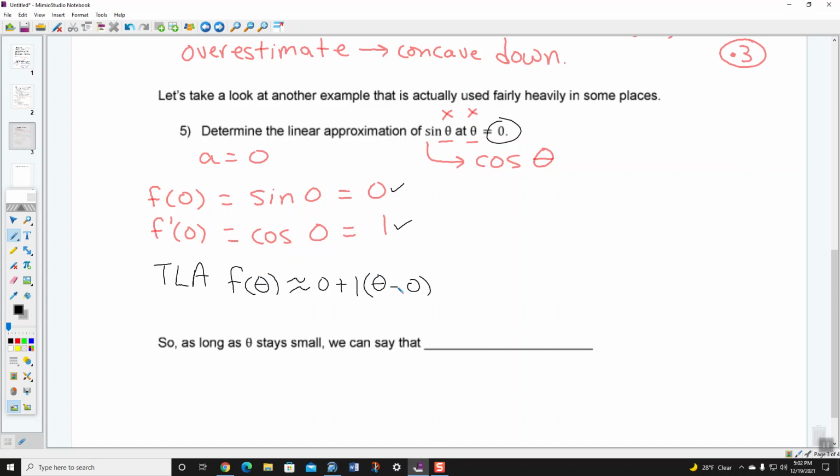So this becomes the following. It just becomes f of theta equals 1 theta when you're done with this. Okay? So as long as theta stays small, again, we're really close. Theta is not very big. It's pretty close to 0. We can say that for any value, sine of theta is approximately theta.